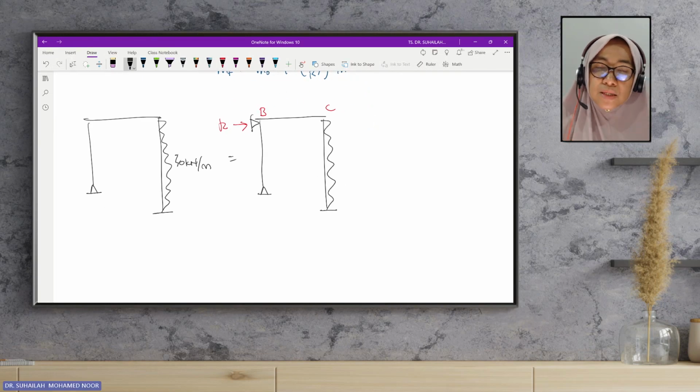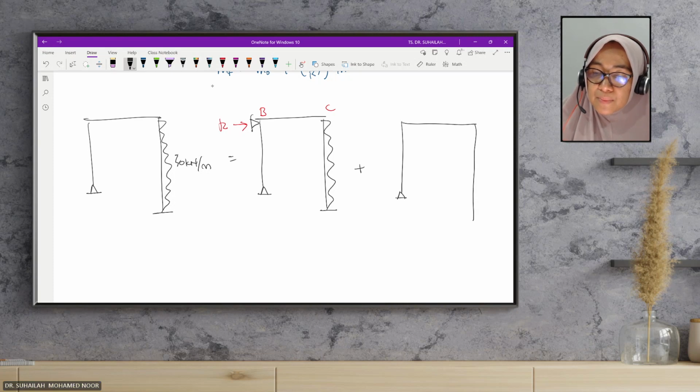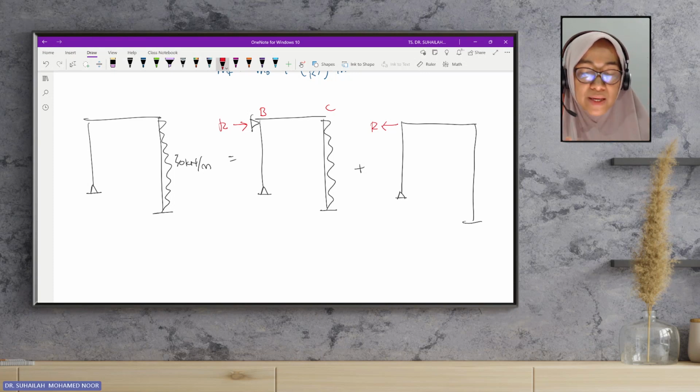And since this is the principle of superposition, we have to add another frame, same type, but this time it is only delta. By looking at this, the R has to be neutralized. So we will have R in the left direction, so that R minus R, we get 0.